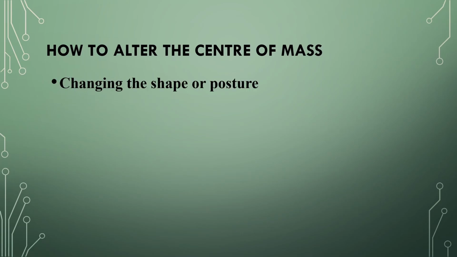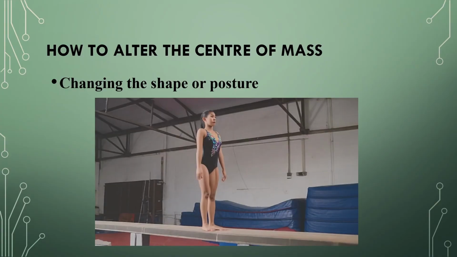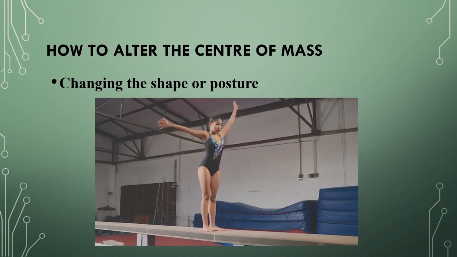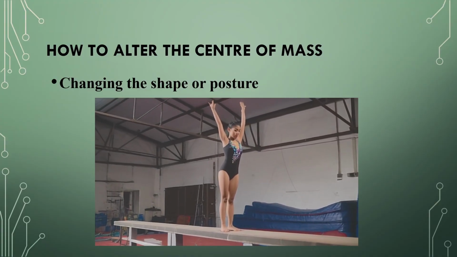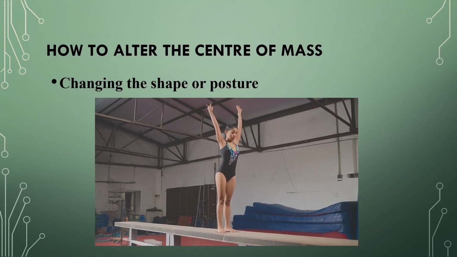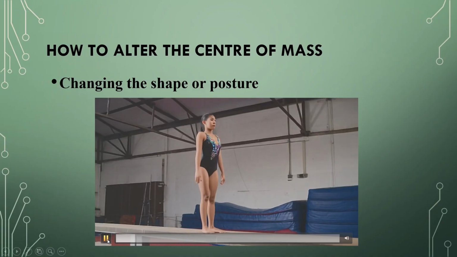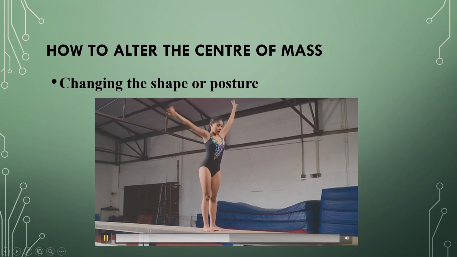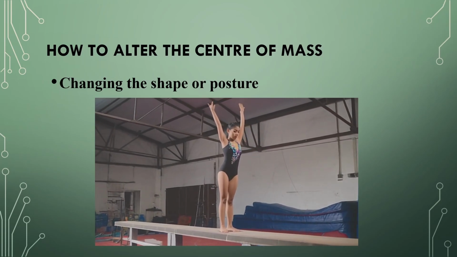Similarly, the second method is changing the shape and posture. In humans or animals, changing body positions like raising the arms or leaning changes the center of mass. You can see in the video a gymnast trying to raise her hand, and in doing so, she adjusts the center of mass to balance on the beam.